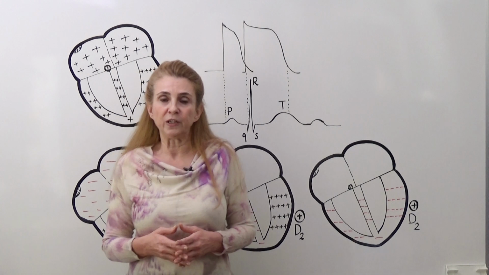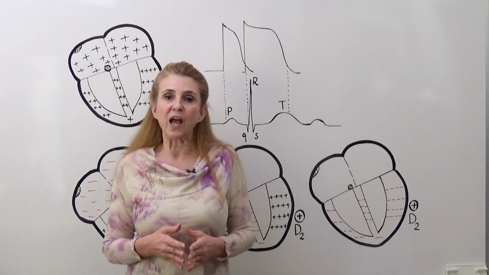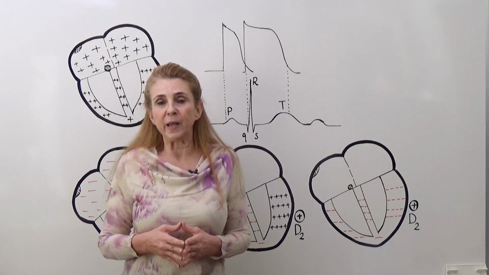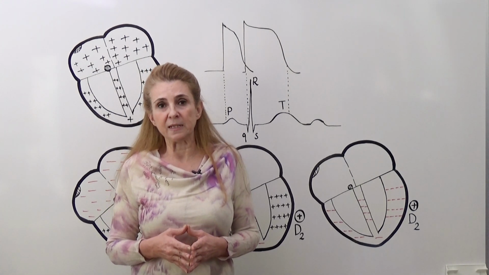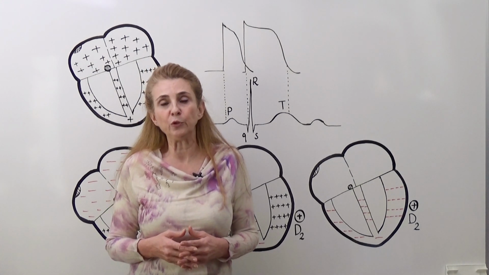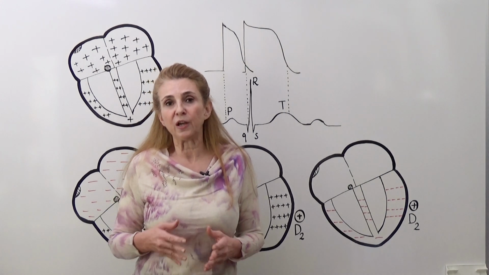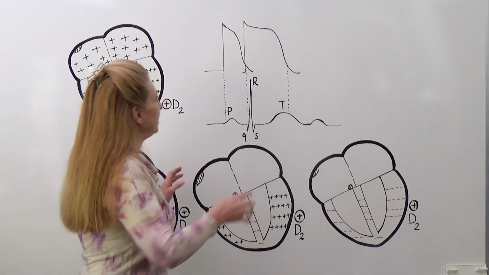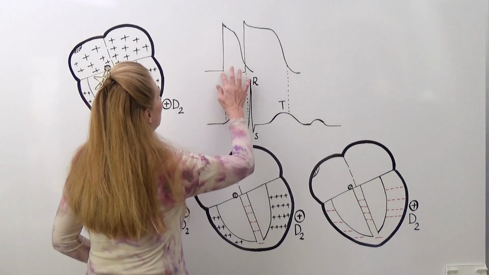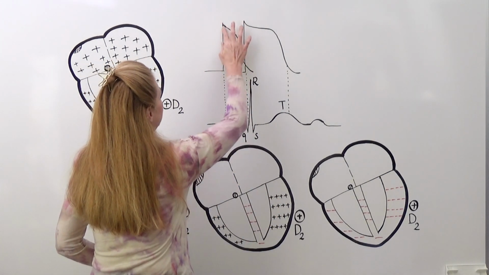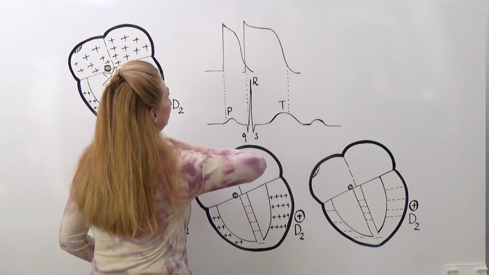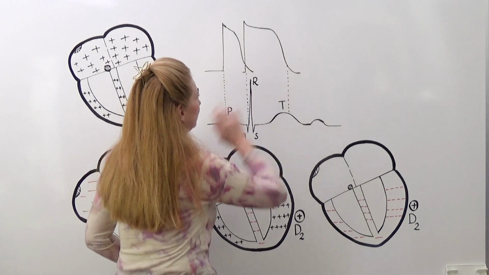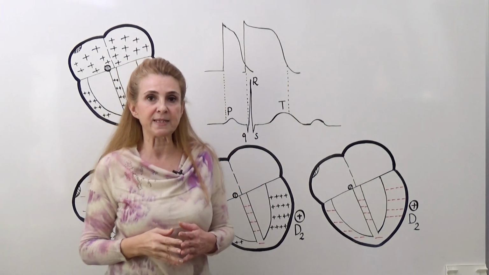The second important point is that the shapes of the action potentials that are recorded from atrial and ventricular muscle cells are pretty different from the electrocardiography waves that are recorded from these same structures. Here you can see one action potential that's recorded from the atrial muscle cell, and then one action potential that is recorded from a ventricular muscle cell.